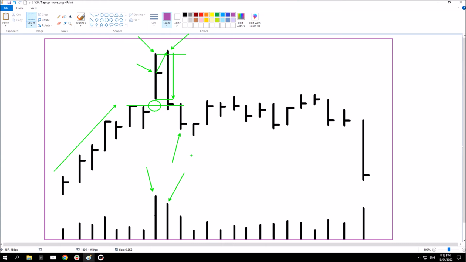And you can see in my example here, I've got a test as the next bar, and there's no supply, because generally this will come about at the beginning of a period of selling. So in my example here, the market doesn't necessarily go straight down, it goes sideways into a sideways trading range where further supply takes place.